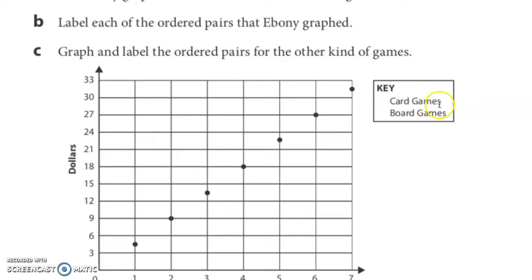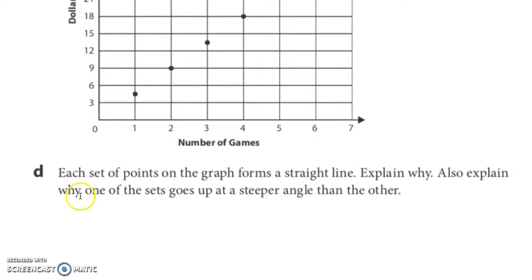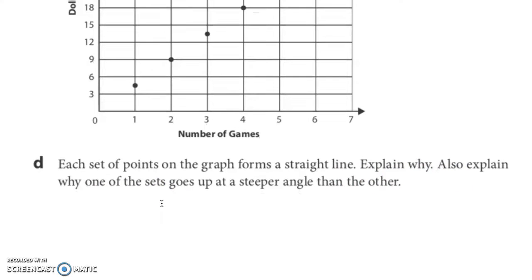So only the card games or the board games are graphed below. Whatever one she did not graph, you're going to have to go back and graph that as well. Letter D is your last question. It says each set of points on the graph forms a straight line. Explain why. Also explain why one of these sets goes up a steeper angle than the other.